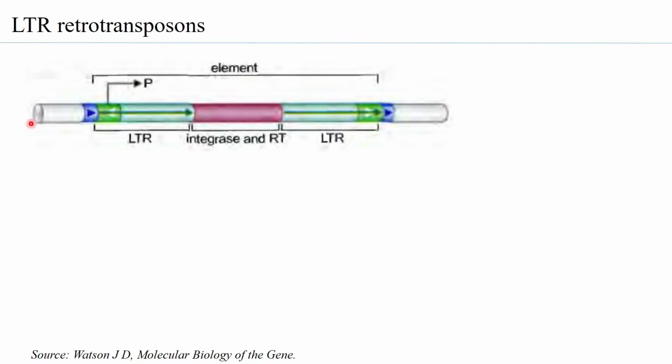Now this is a general structure of the LTR retrotransposon, and within this LTR retrotransposon again are several families, and some of them, as mentioned earlier, are what we know as endogenous retroviruses.